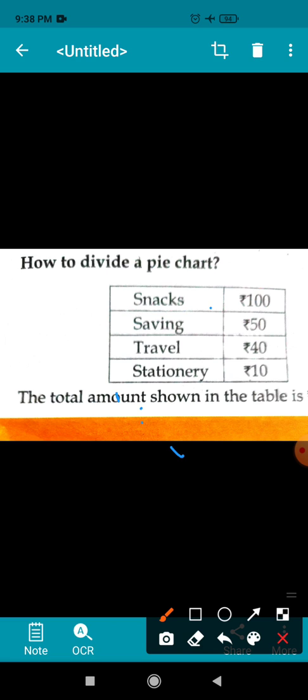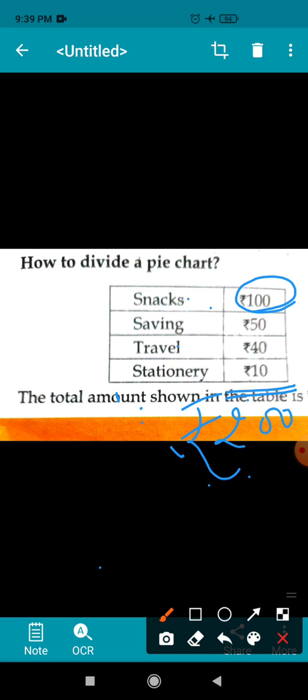Okay, from this table, children, you can calculate the total pocket money. So when you add this, you will get rupees 200. It means out of 200 rupees, 100 rupees are spent on snacks.